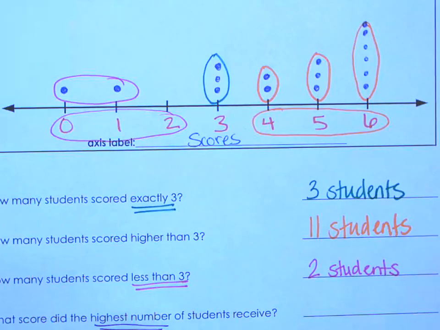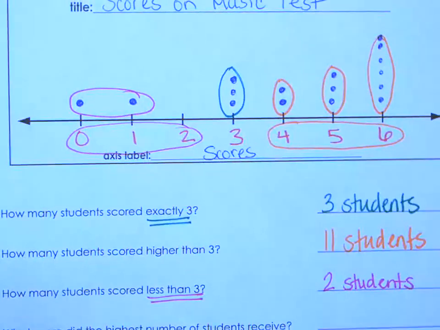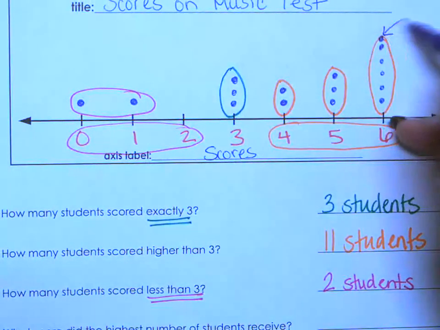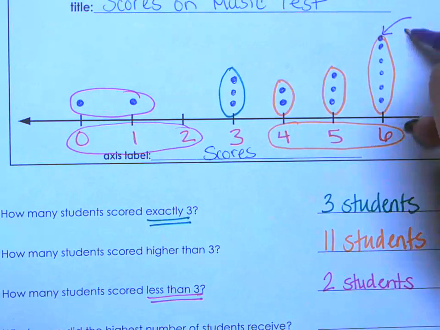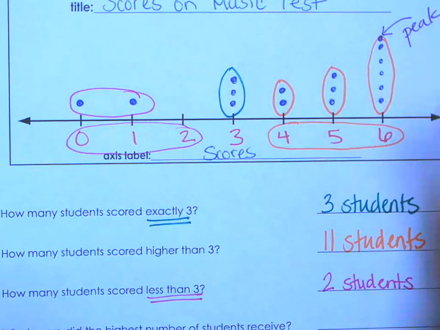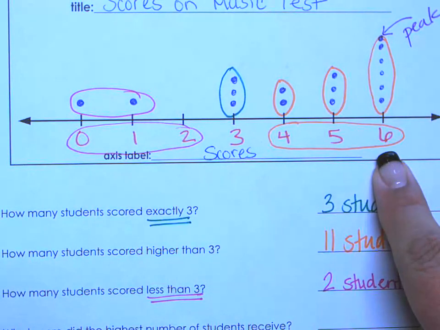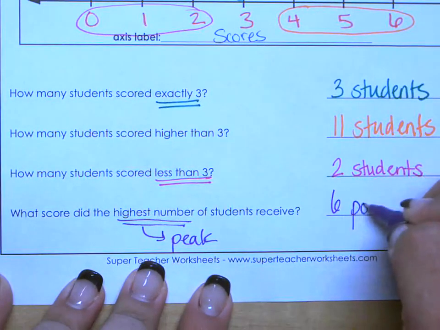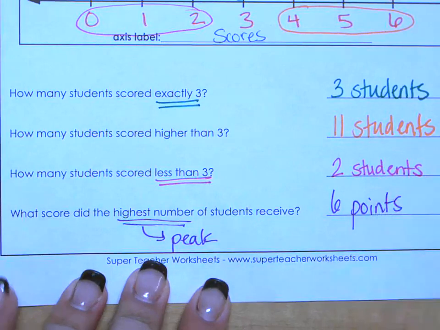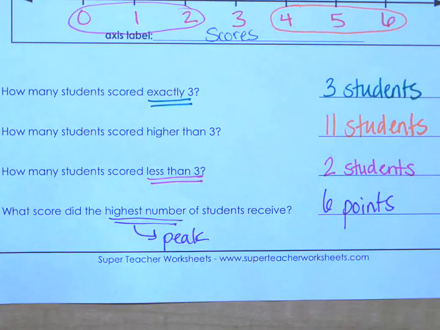I look up over at my chart here and I see that the highest amount of high scores is 6 points. So 6 points was the highest number that students received. That was the highest score anybody received on the test.